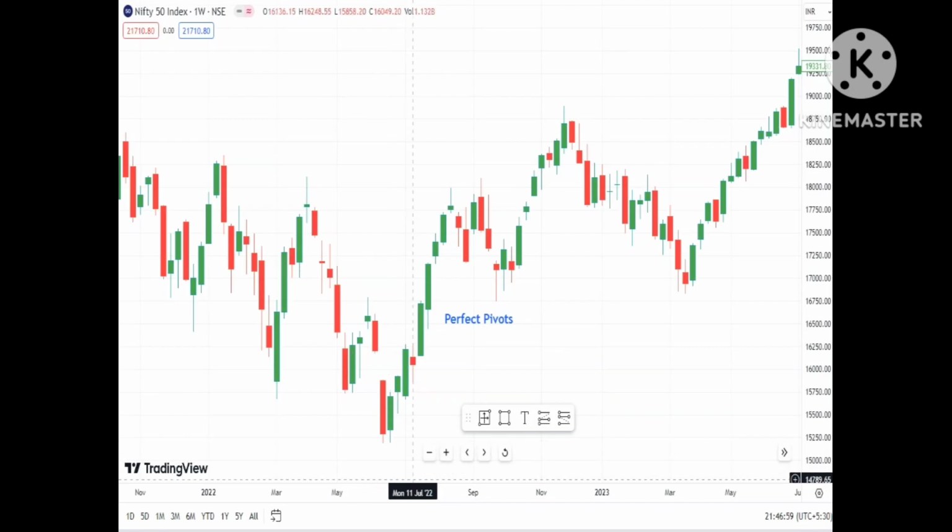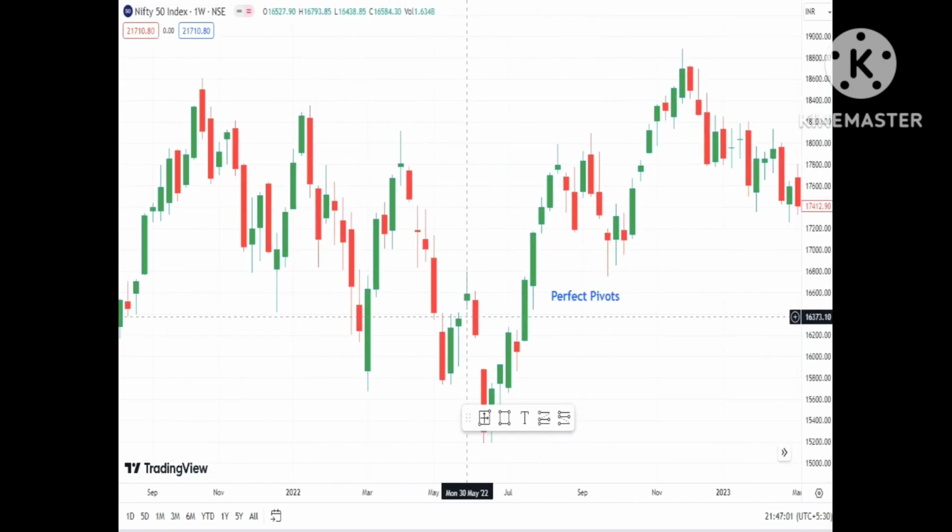We will go again. In the case of a perfect pivot high, the high of the main middle candle is always higher than the first and the third candle, and the lows of the first and the third candle are always lower than the main middle candle.